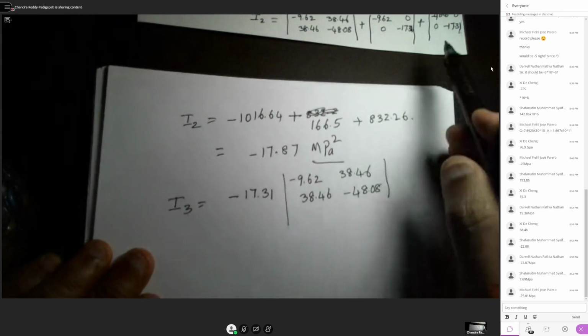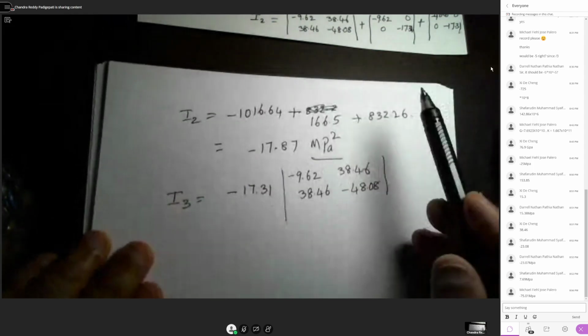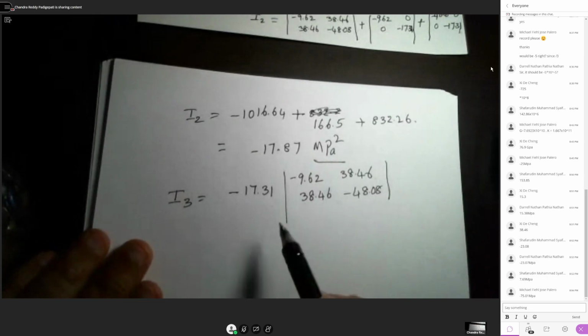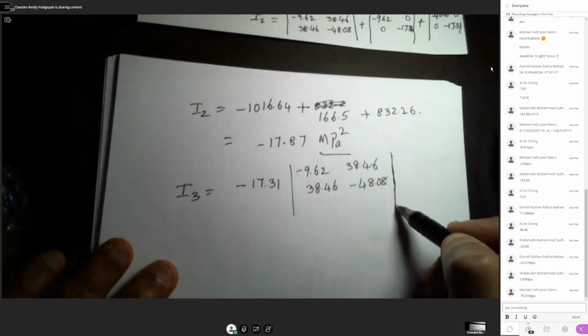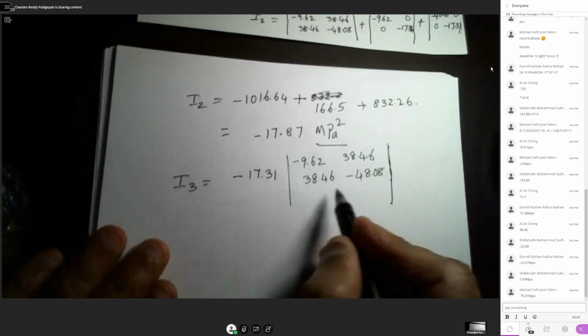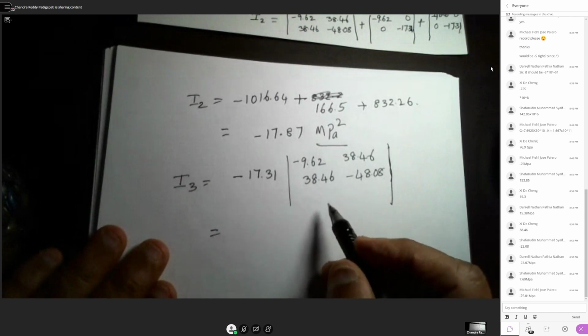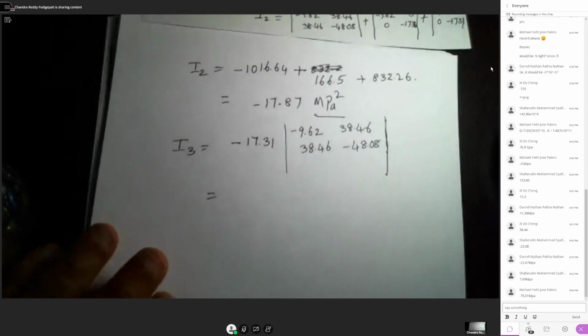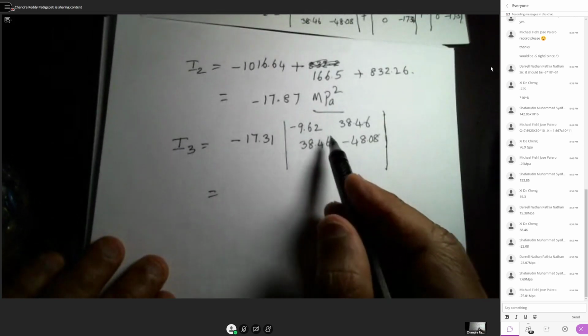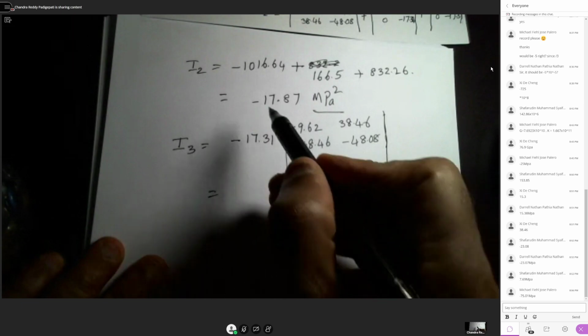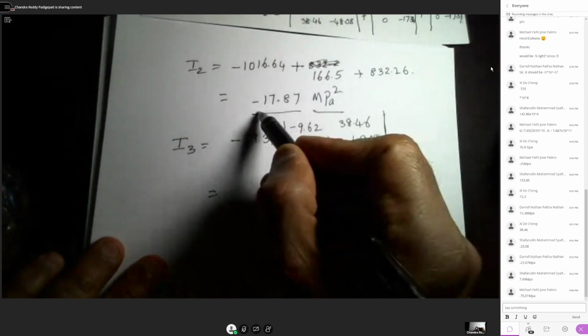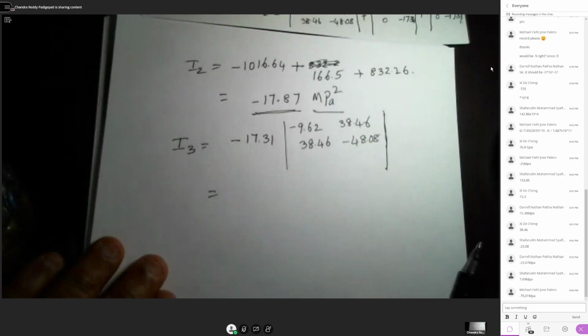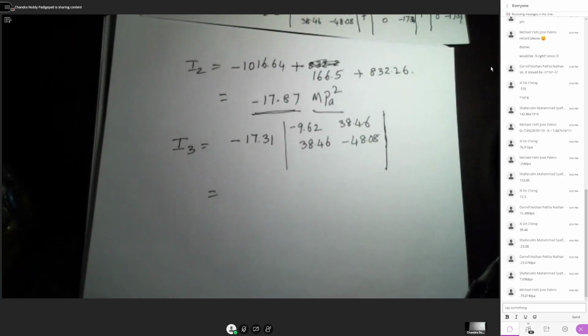I can expand with reference to the third row, because there are 2 zeros in the third row. So once you do this, then you will get I3. Guys, can you calculate and let me know the third invariant value? The second invariant, you can check the value will be around 17.87.